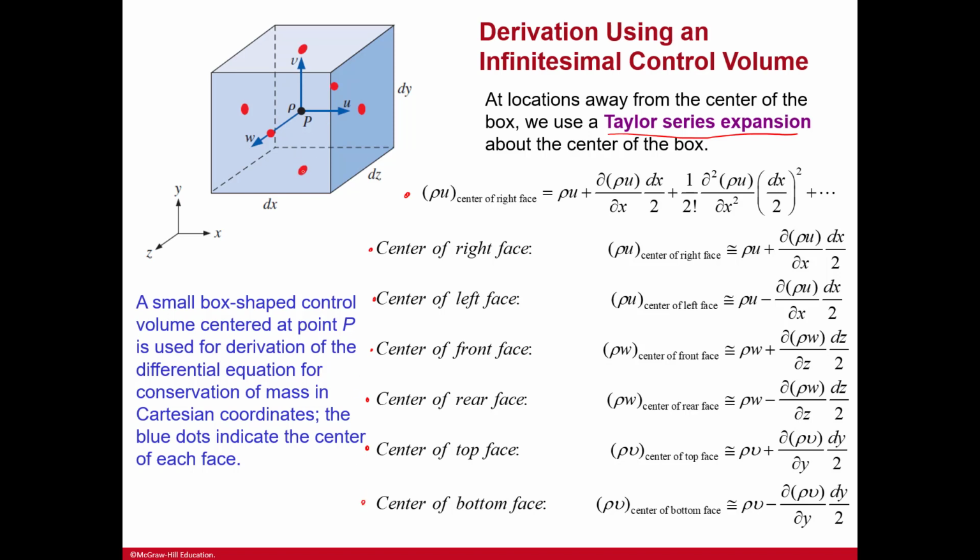And you can see all of these dots here, locating those. And then a small box-shaped control volume centered at point P, so that's the very center, is used for the derivation of the differential equation for conservation of mass in the Cartesian coordinates. The blue dots indicate the center of each of those faces.